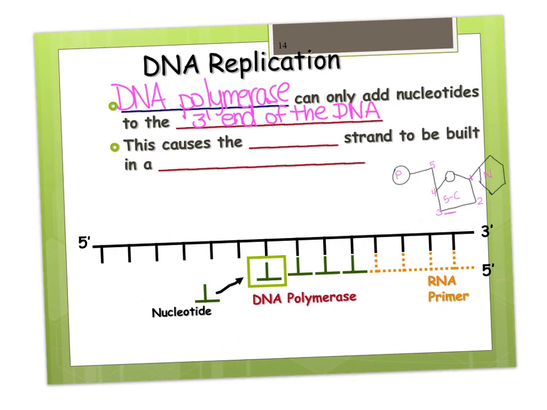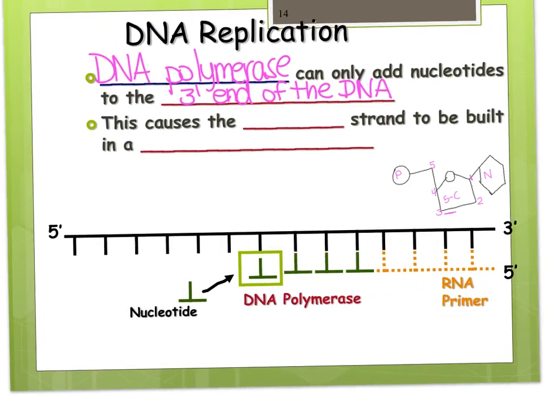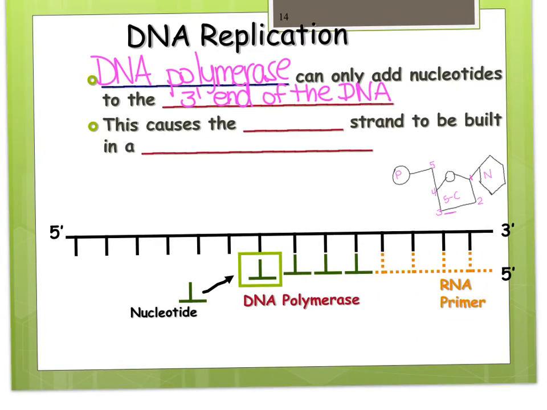Because DNA can only add nucleotides to the 3' end, this means that the new strand can only be built in the 5' to 3' direction.